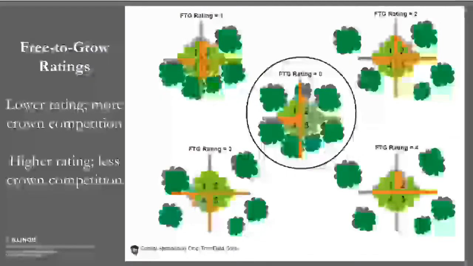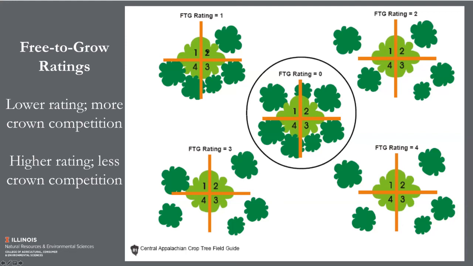Here's kind of a schematic of free to grow ratings. Basically, in the upper left here, we have a free to grow rating of 1. And here's our crop tree right in the middle of this hash mark. 1, 2, 3, 4 is basically the cardinal directions or the 4 quadrants of the crown for your crop tree.